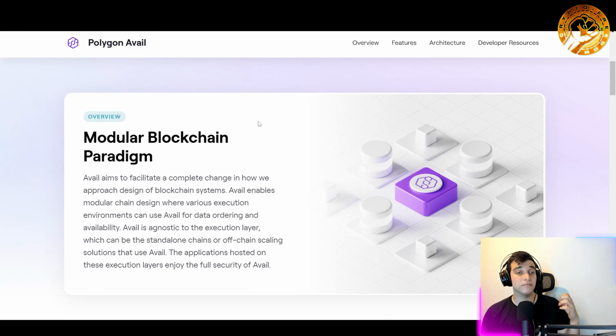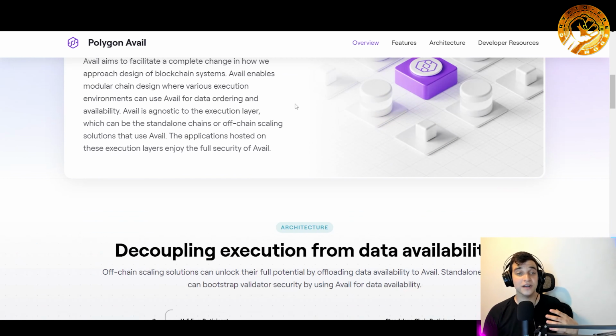So the modular blockchain paradigm, Avail, aims to facilitate a complete change in how we approach the design of blockchain systems. And Avail actually enables modular chain design where various execution environments can use Avail for data ordering.